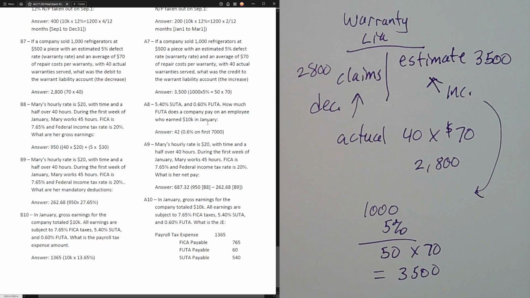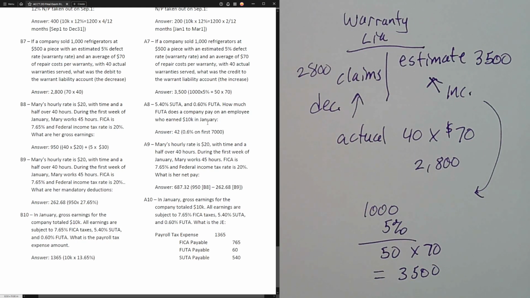A9 we've covered, and A8 is just doing a simple FUTA and SUTA calculation. The only little trick is that, remember, it's only on the first $7,000. Here it's specifically asking FUTA. So it's 0.6% on the first 7,000, not 10,000. So even if they earn 10,000, the amount of FUTA would just be here $42 based upon the first $7,000.